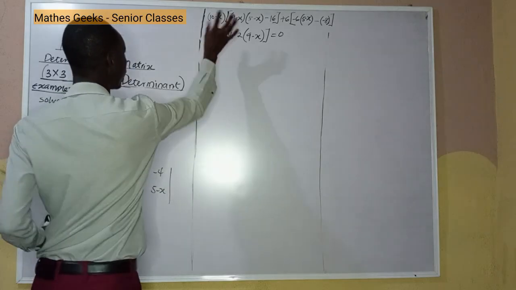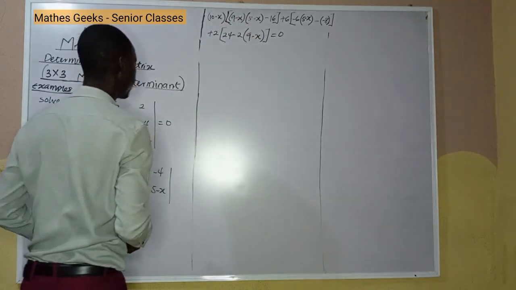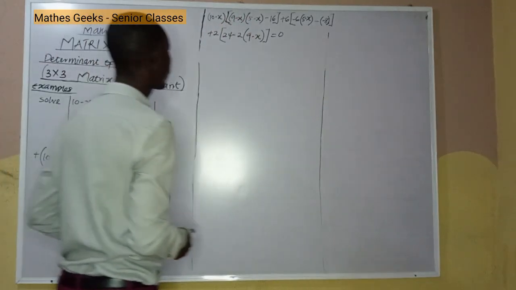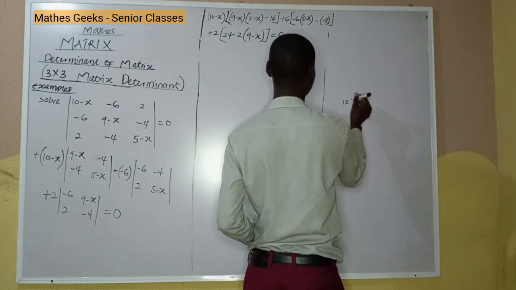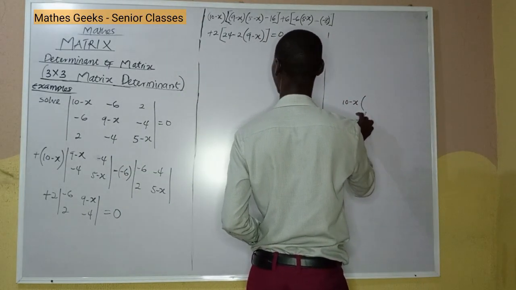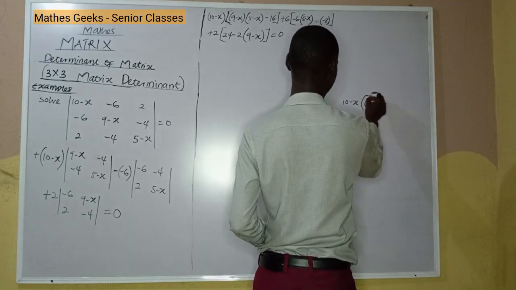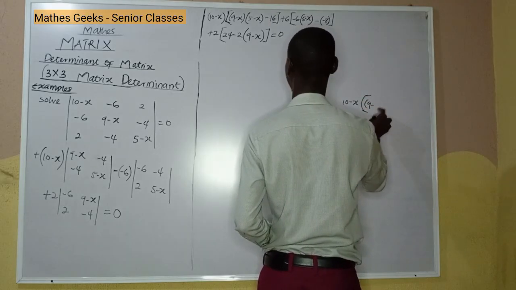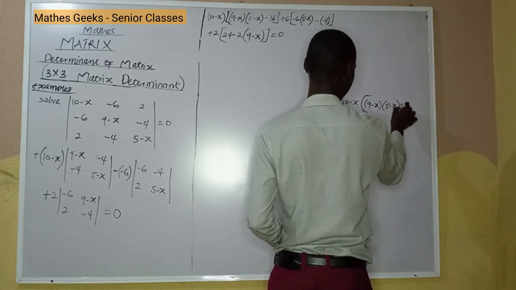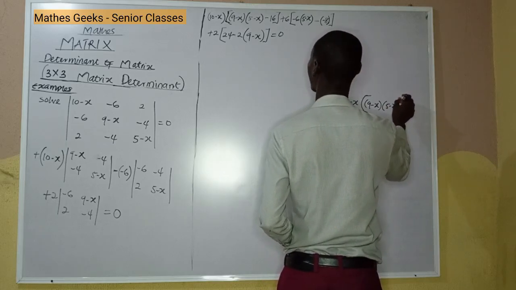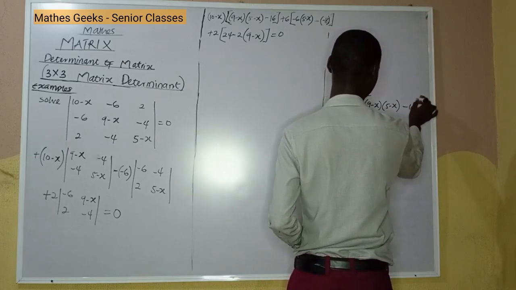So let's simplify this bracket. So come here, 10 minus x times, 9 minus x times 5 minus x, minus 16.